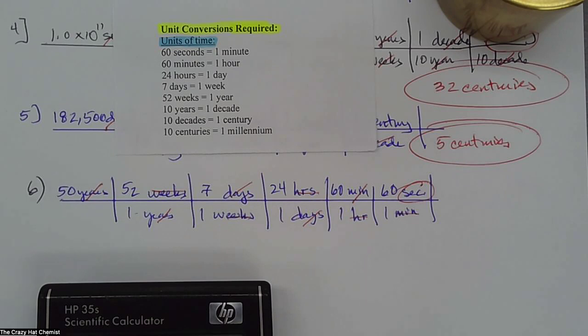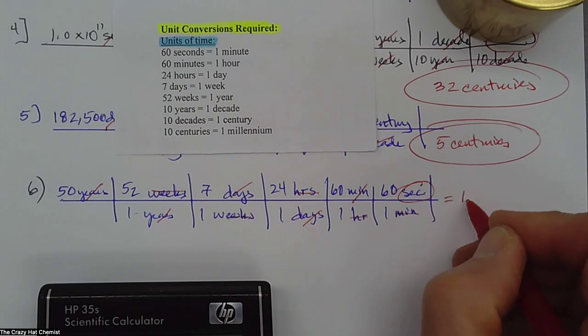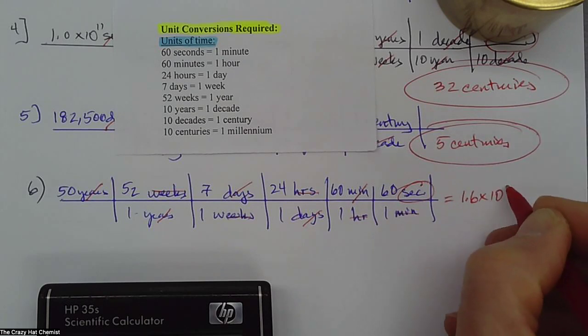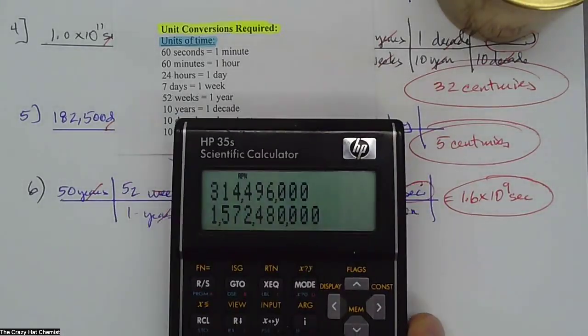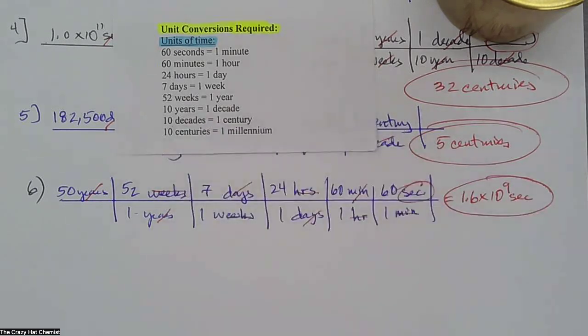It's going to be 1.6 times 10 to the 9 seconds. What I got in my calculator is that number you see on your screen, and that is a rather large number. I put it in exponential notation for you. You can watch another video of mine if you want to learn about exponential notation.